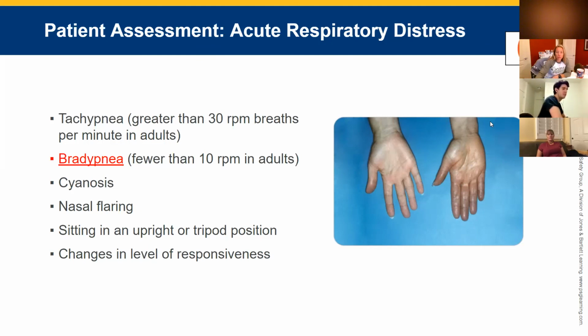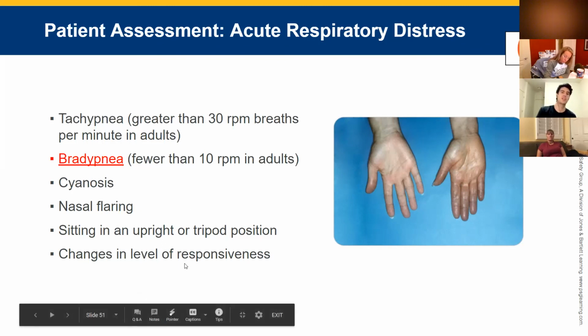So if you walk up to someone and see them sitting like this, trying really hard to breathe, that's a bad sign. It means they were really uncomfortable in a normal position and had to sit like this just to be comfortable. So that's the tripod position, kind of a worrying sign. And then, of course, a change in level of responsiveness is always bad. That means they didn't get enough oxygen to stay alert and awake. Of course, that's a bad sign.